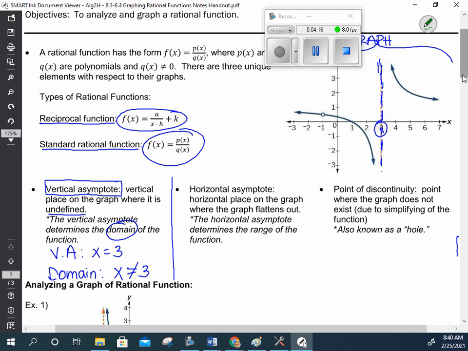The next part is called a horizontal asymptote. A horizontal asymptote is the place of the graph where the graph flattens out.